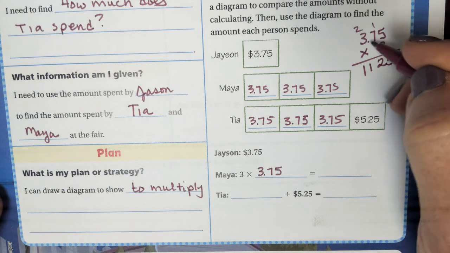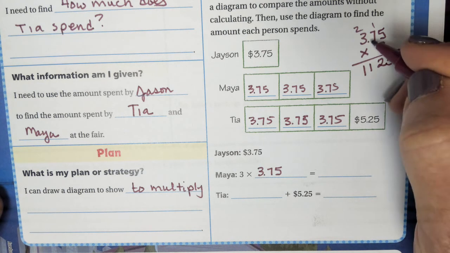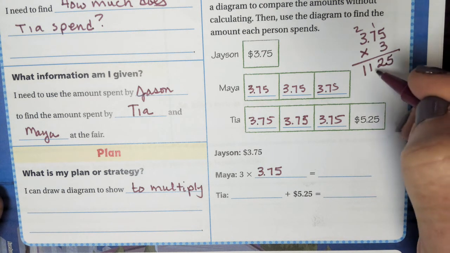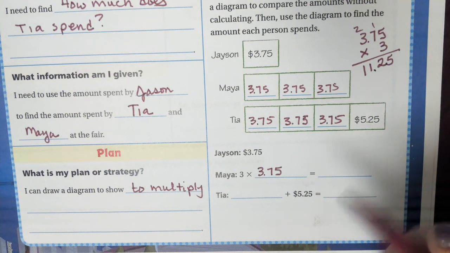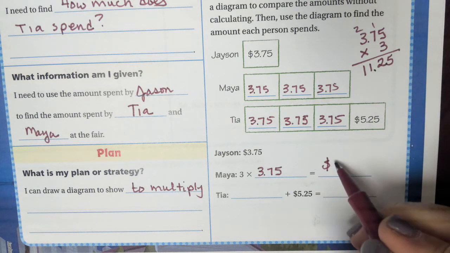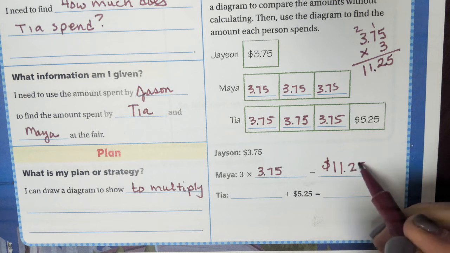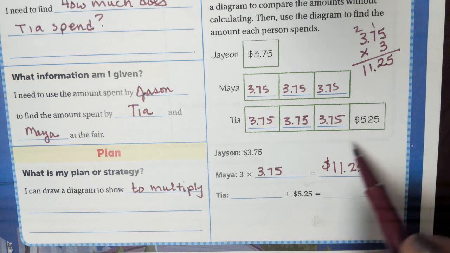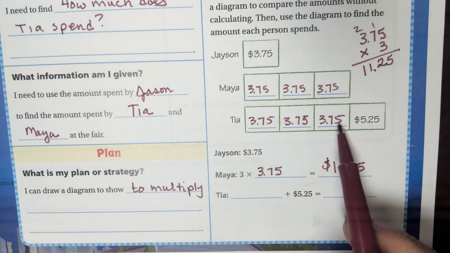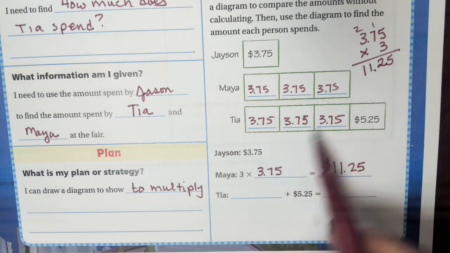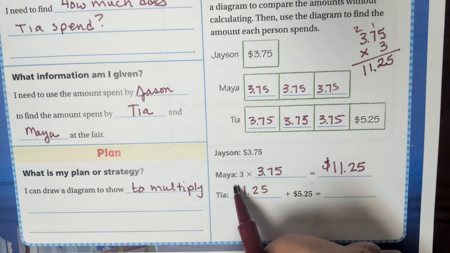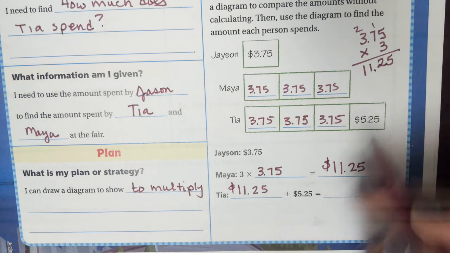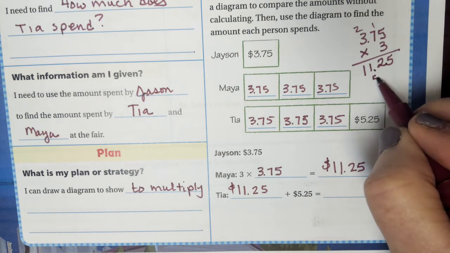Remember, how many hops are you going over? 2 hops. Okay. So did you get $11.25? Yes. Okay. So I'm going to write $11.25. Now Tia, I'm going to start her with this much that Maya made, the $11.25. But this time I'm going to add $5.25 to it.